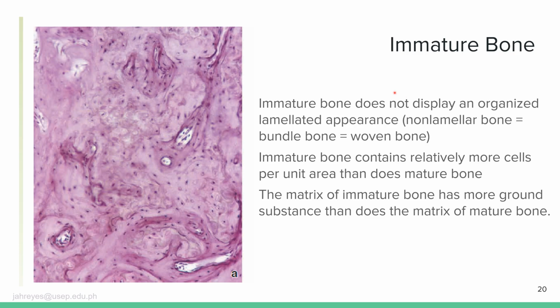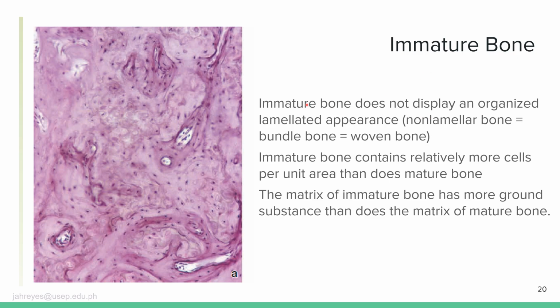So the immature bone will display as an irregular organization. So they will appear as a non-lamellar bone, meaning a bundle bone. That's why it's termed as a woven bone.